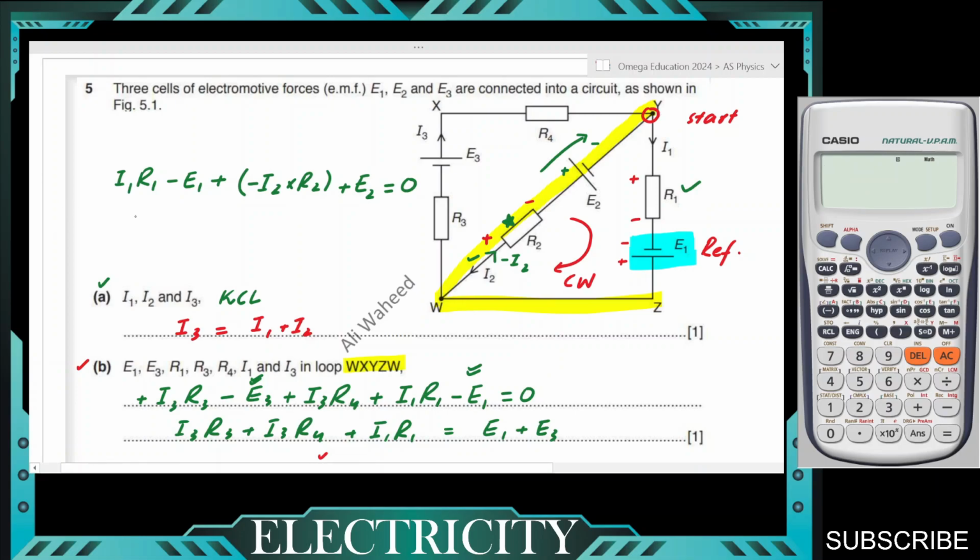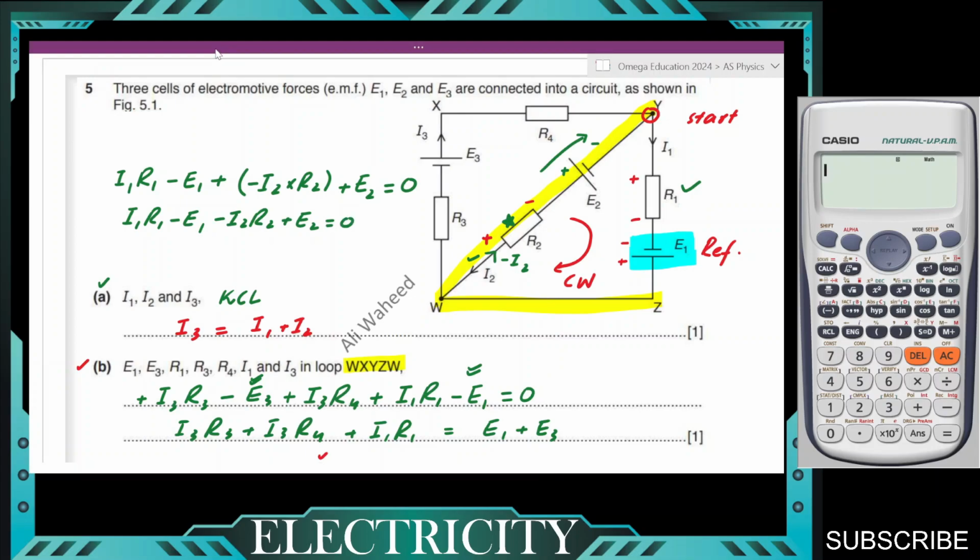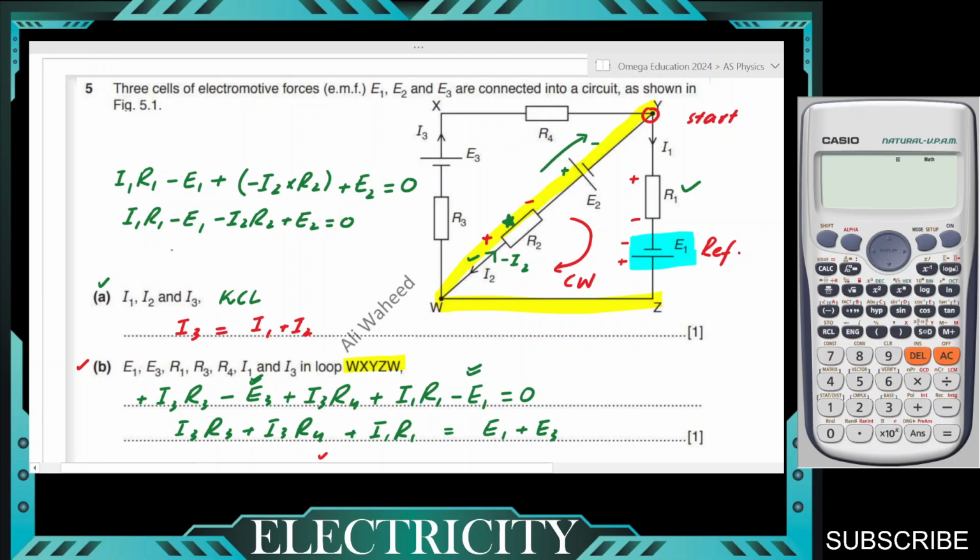So how do you simplify this? If you want to simplify, you can. Otherwise, it's just optional. Minus E1, and then it would be minus I2 R2 plus E2 equals 0. If you want to put the negative ones on the right side, you can. Once again, I'm saying it's just an optional thing. For example, let's write sources on one side.